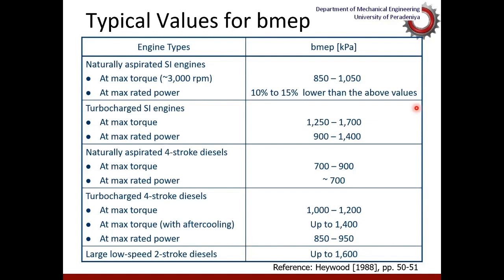Accordingly, the frictional losses and the inertia losses are high. Therefore, the brake mean effective pressure is comparatively less in diesel engines than the spark ignition engines. But anyway, there are many other parameters which affect these. We could discuss those in detail as we go.